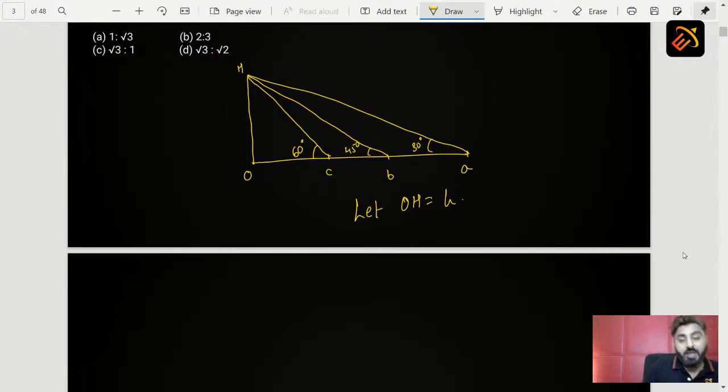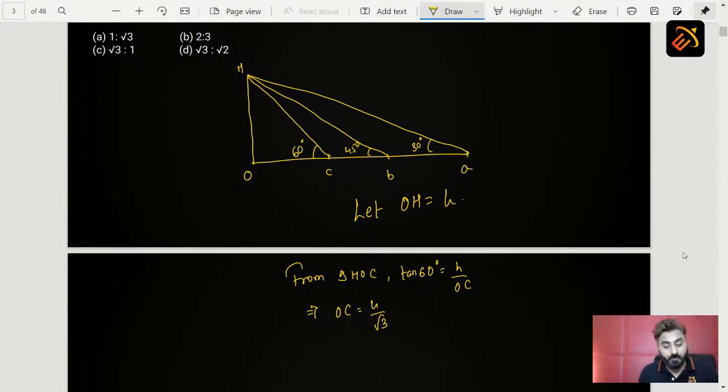Now from triangle HOC, tan 60 degree is equal to what? H by OC. So from this we can say that OC is equal to H by root 3.